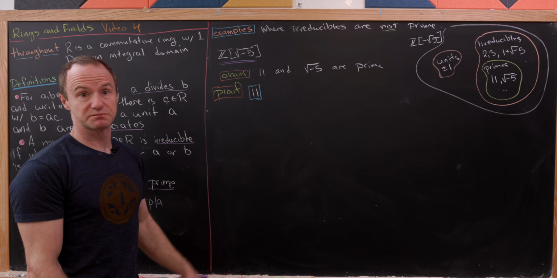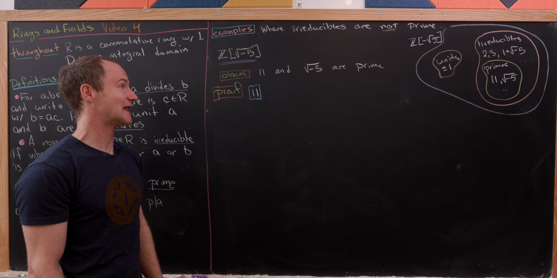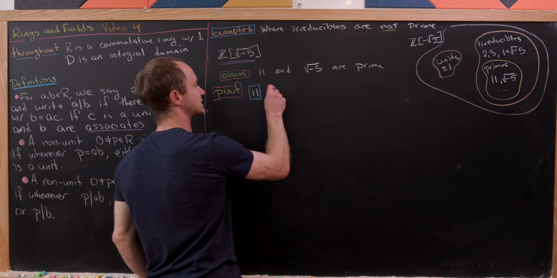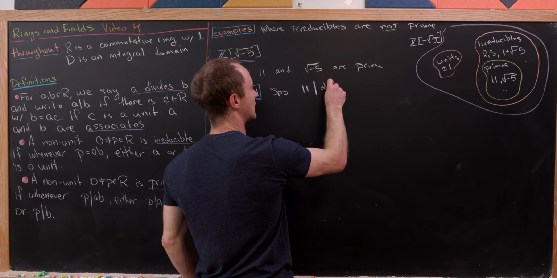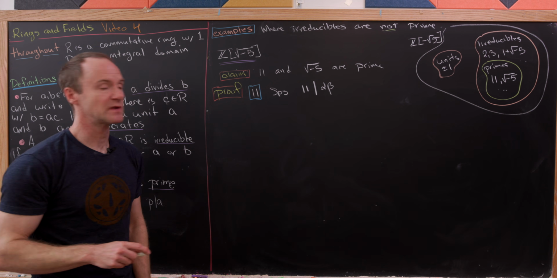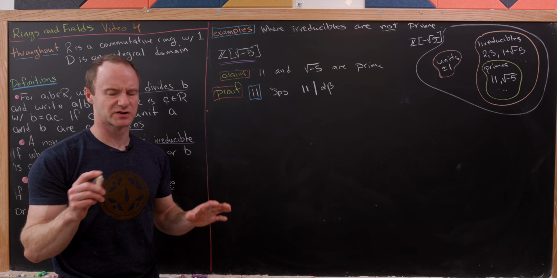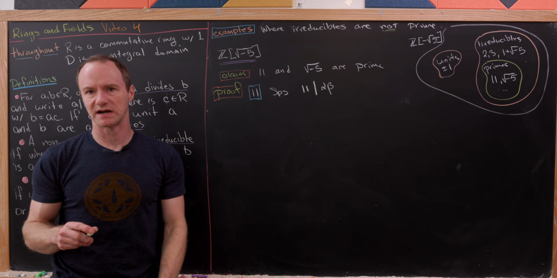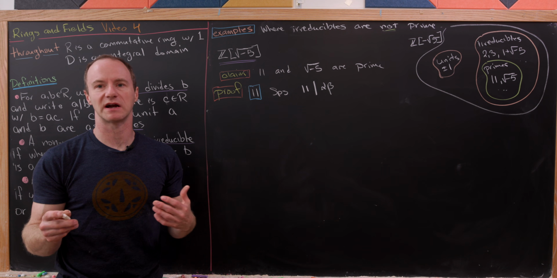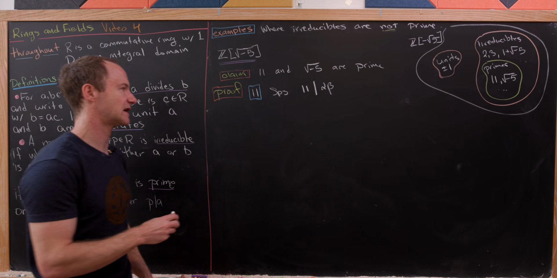Okay, so let's see how we can show that 11 is prime. Let's suppose that 11 divides alpha times beta, where alpha and beta are in standard form in this z adjoining root minus 5. So a plus b root minus 5 and c plus d root minus 5.